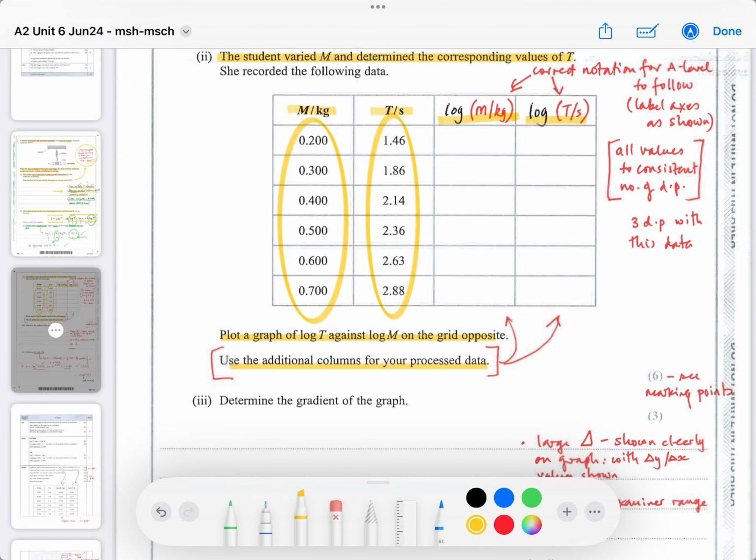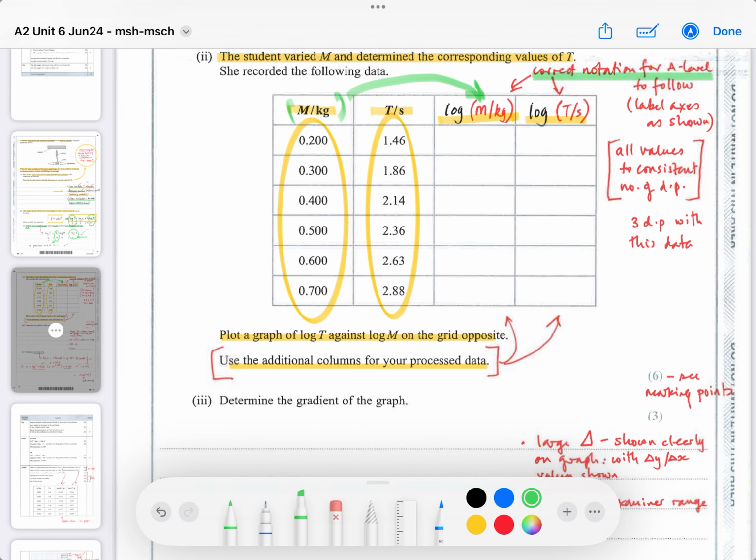Now you can see what I've done is the correct notation for A level to follow. You've got to put both of these terms into the brackets because it's mass in kilograms. So you're taking mass in kilograms, you're not taking mass in grams. So you're logging mass in kilograms. So that's the notation.